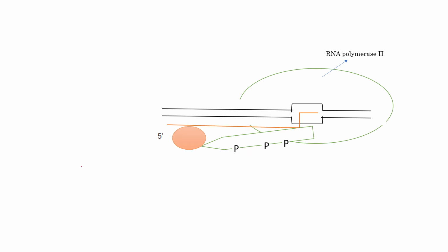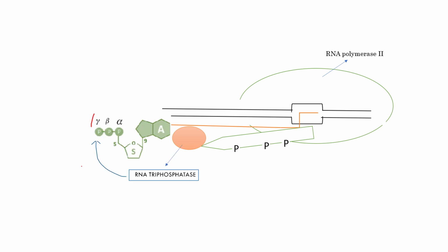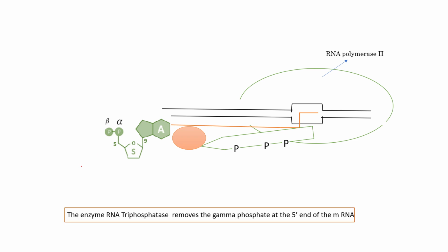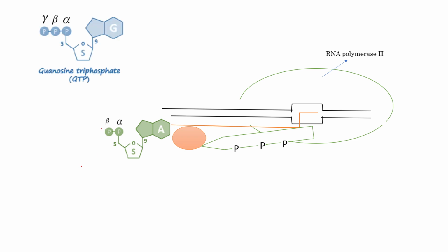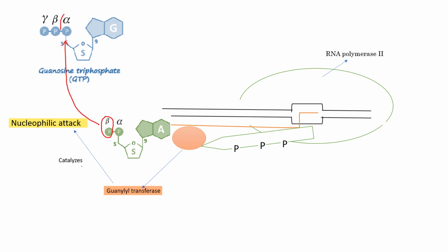Let's discuss the capping procedure in a more elaborate way. The enzyme RNA triphosphatase removes the gamma phosphate at the 5' end of the mRNA. The enzyme guanylyl transferase catalyzes the nucleophilic attack of the beta phosphate on the alpha phosphoryl group of a molecule of GTP.